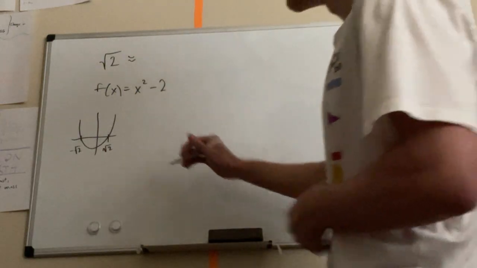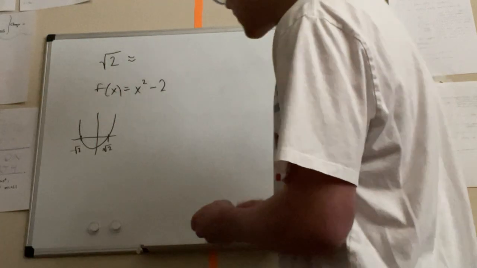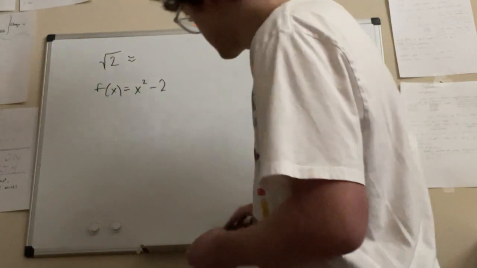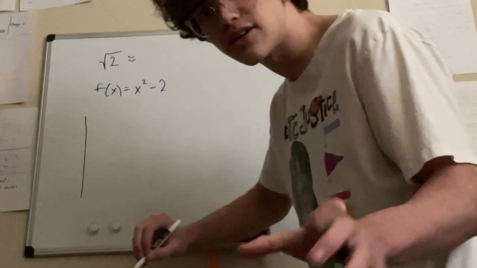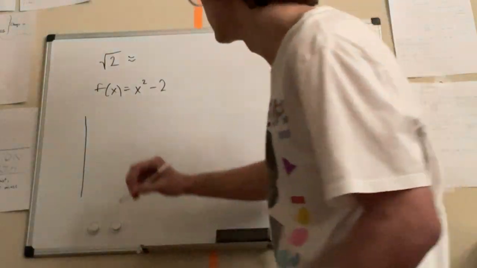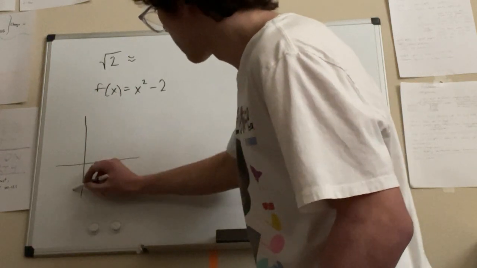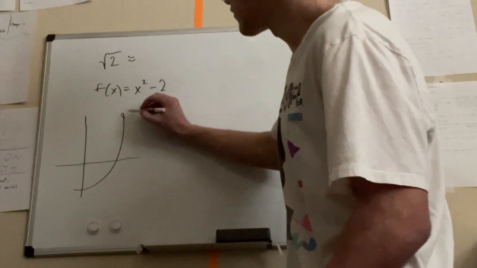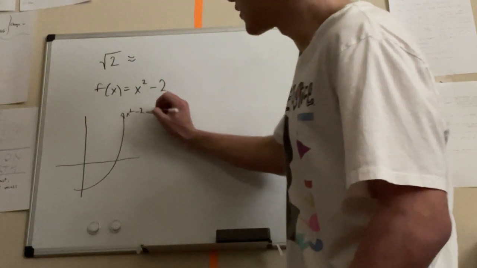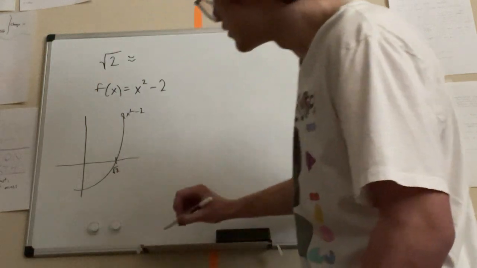So, how do we start with Newton's method? Well, let's write this graph a little bigger. And let's just say we're going to try to solve the positive. Alright, so this is a rough graph of x squared minus 2, and then it intercepts at square root of 2.